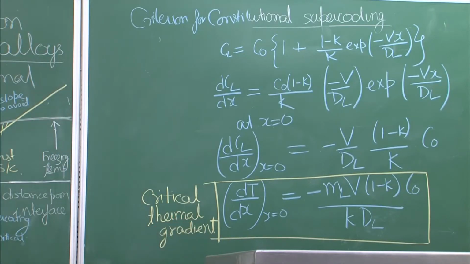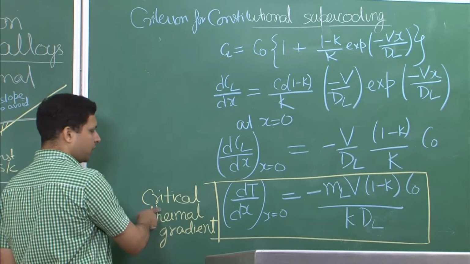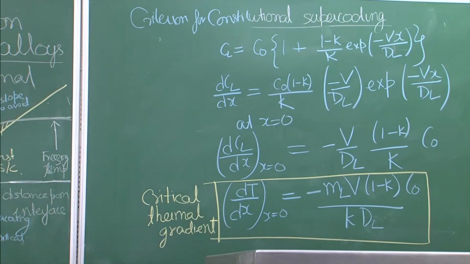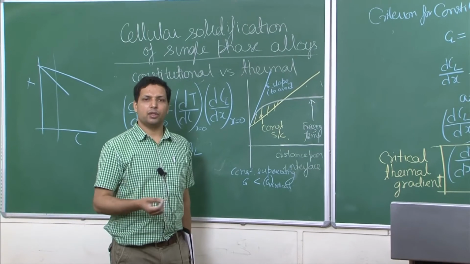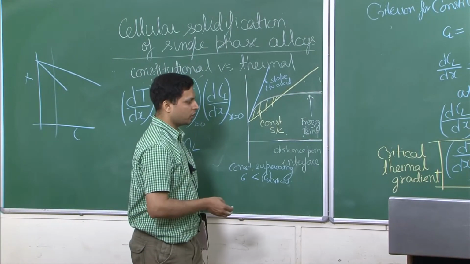If you want to avoid supercooling, then your actual thermal gradient should be greater than or even equal to this critical thermal gradient. Even if it is equal, there will be no liquid below the freezing point, and then you will not get any constitutional supercooling.